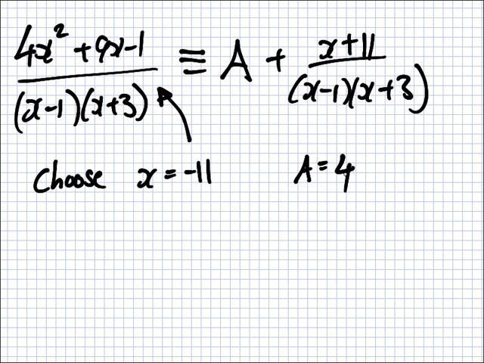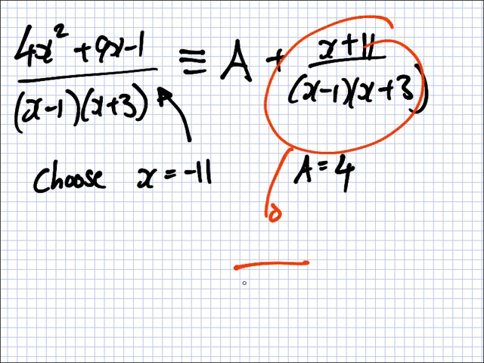Okay. Now we still have the next part to do, which is to get the B and the C. So this guy here, they then break this up into something over x minus 1 plus something over x plus 3. Well, what would be the easiest way to get B and C here? Cover up.